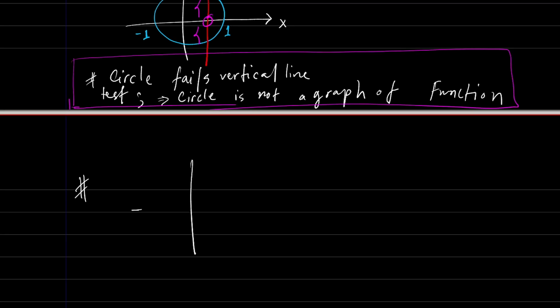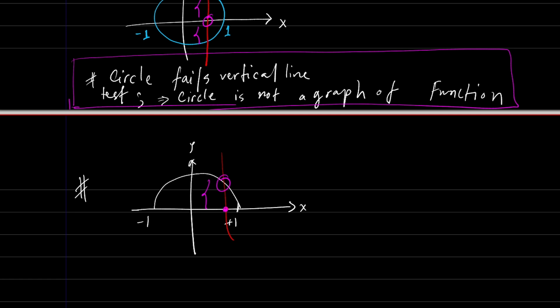Let's look at another example, the semicircle. If we draw a vertical line for a single value of x, we can see there exists only a single value of y.